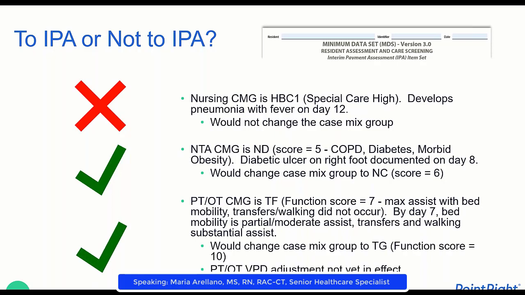Yes. Why is that? Well, this would change the case mix group to TG. You'd have a new function score of 10. And the PT and OT variable payment adjustment is not in effect yet, right? We're on day 7, and that doesn't go into effect until after day 20, right? So definitely this could be IPA worthy.